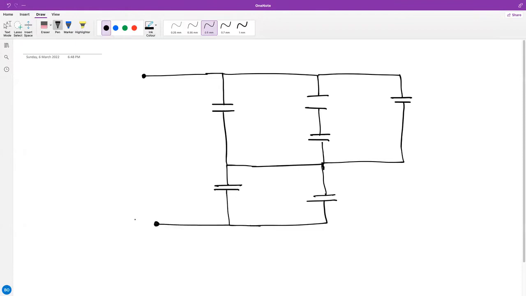This is point B, and this is point A, and the potential difference VAB is equal to 20 volt.